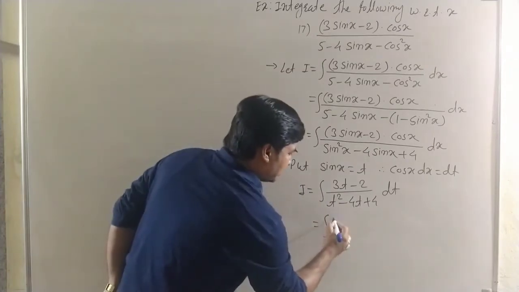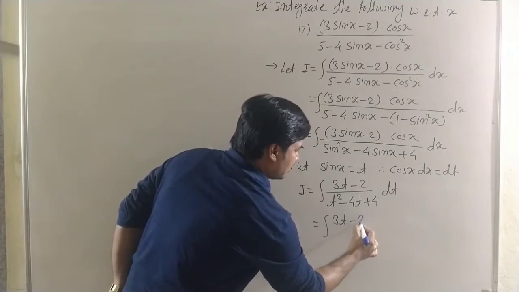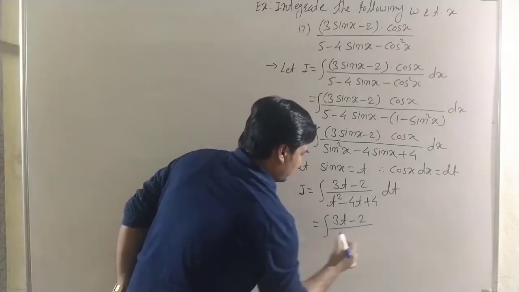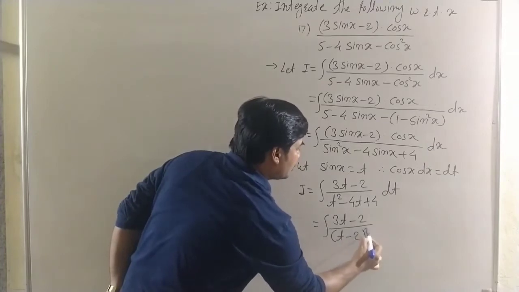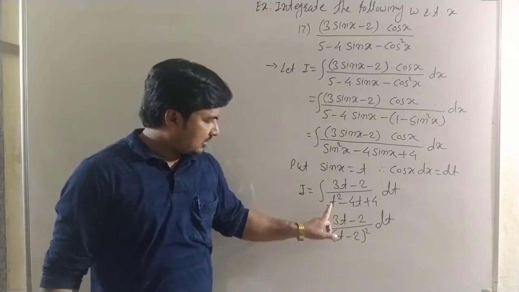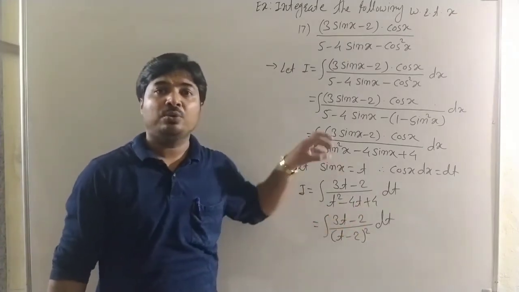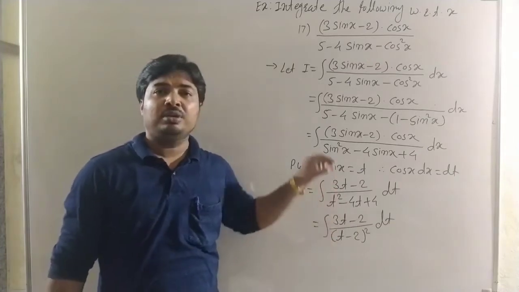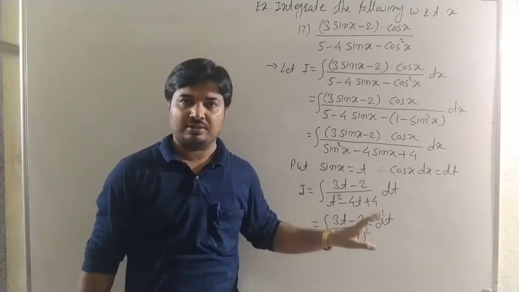Okay, here 3t minus 2 upon t minus 2 whole square dt. Here the denominator factors as t minus 2 whole square, and the denominator contains a repeated linear factor.